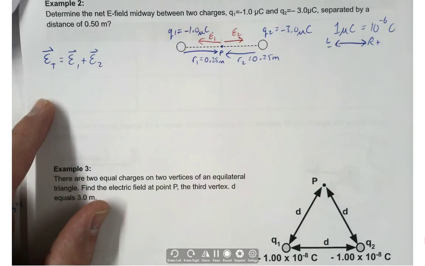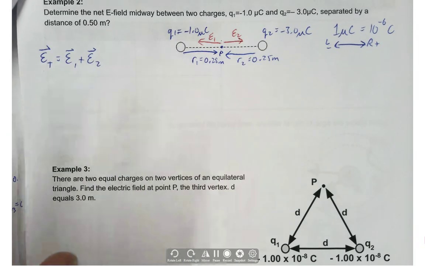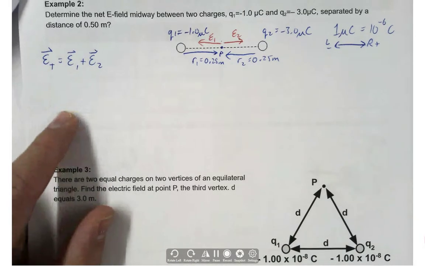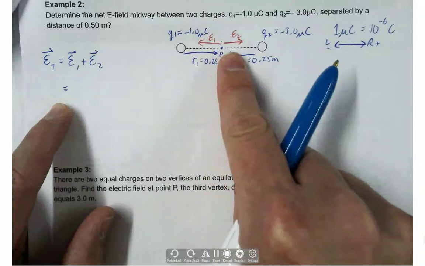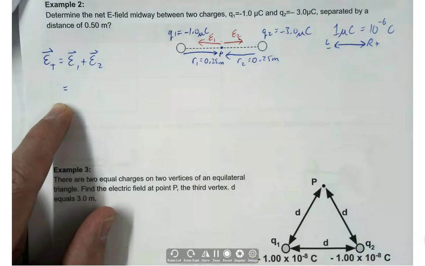What we're really doing is superimposing those two fields on top of each other to figure out the net result. It can't be uphill this way and uphill that way at the same point, so we have to find the net. What's the superimposed electric field going to be?